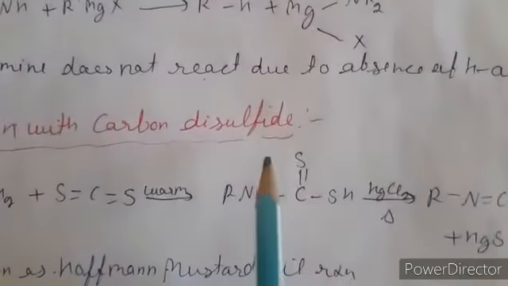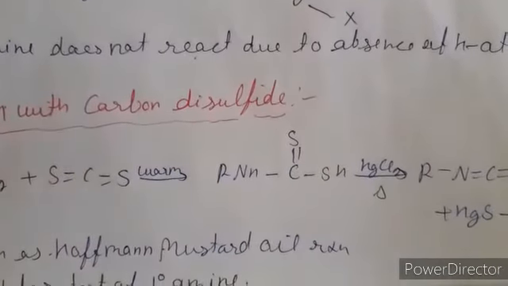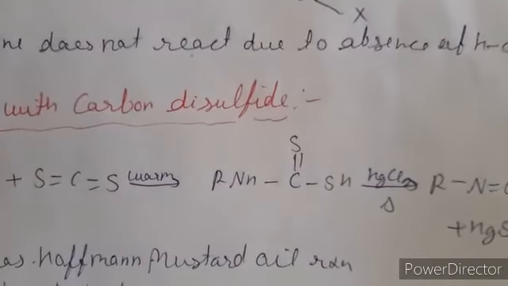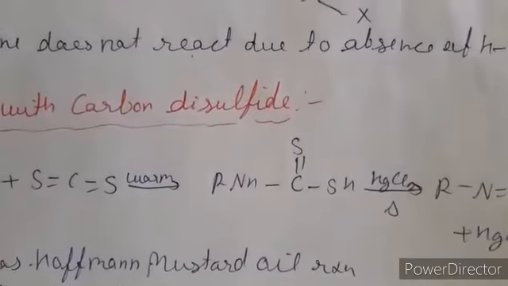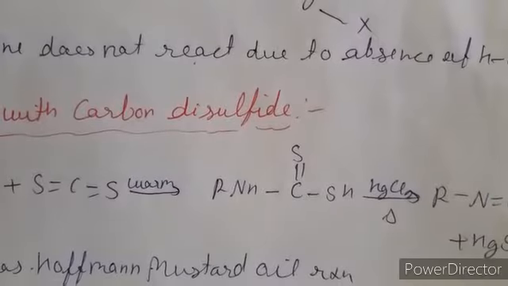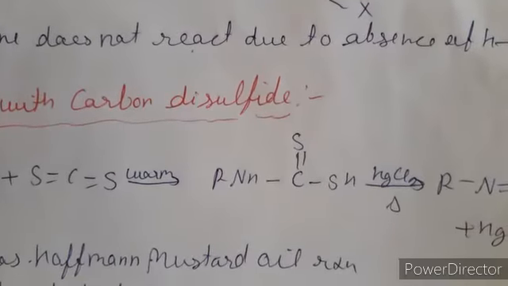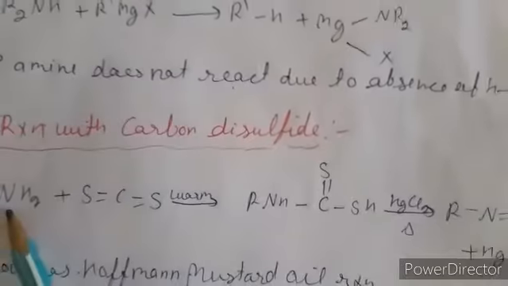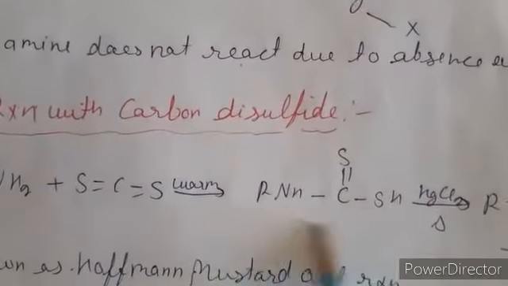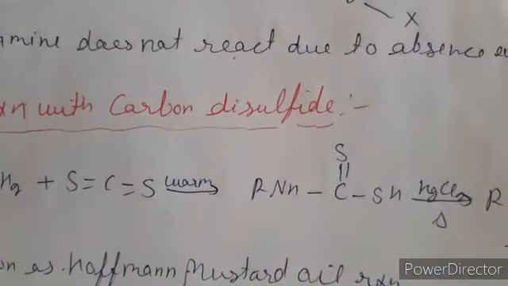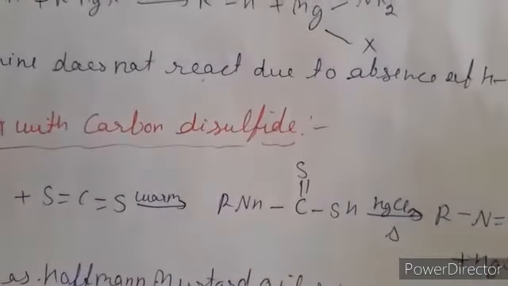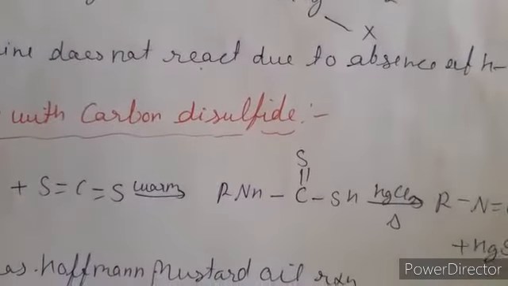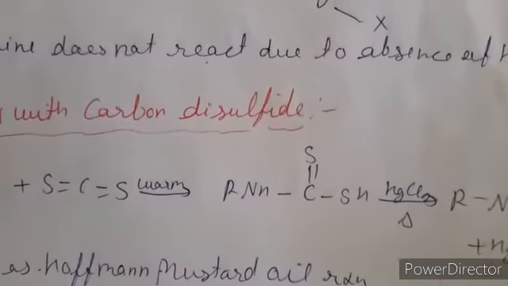Next, reaction with carbon disulfide. Primary amines react with carbon disulfide to form a dithioalkyl carbamic acid, which further decomposes on heating in the presence of mercuric chloride to form an alkyl isothiocyanate along with mercuric sulfide.